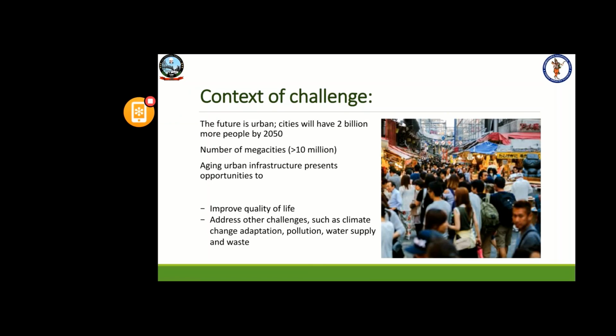The aging urban infrastructure presents opportunities to improve quality of life. To address other challenges such as climate change adaptation, pollution, water supply and waste, how we will manage this growing population and growing cities, that is going to be the challenge.